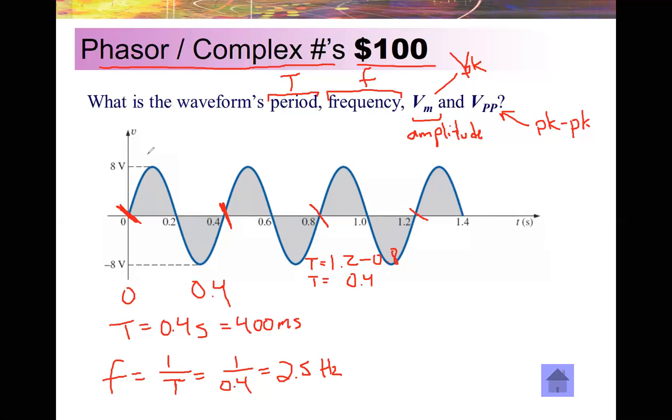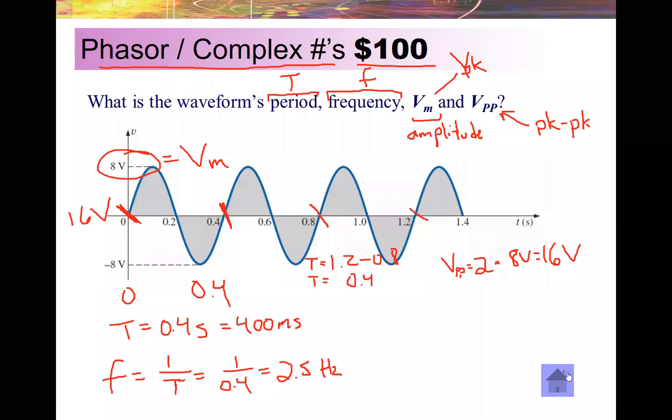Vm is the amplitude. It's right there. That is Vm. It's how high is it above 0. And the peak to peak is from 8 to -8, so it's 16 volts. You could also say 2 times 8 volts is 16 volts, and that is V peak to peak.